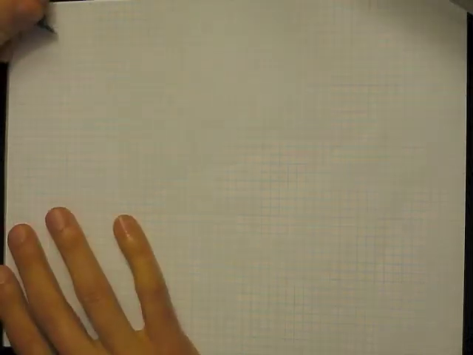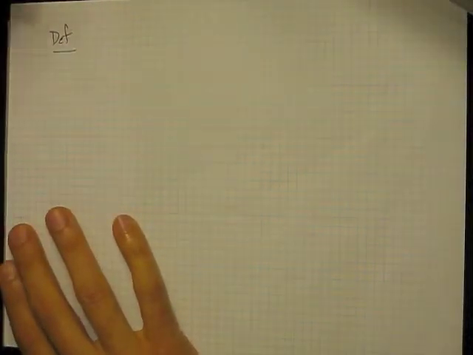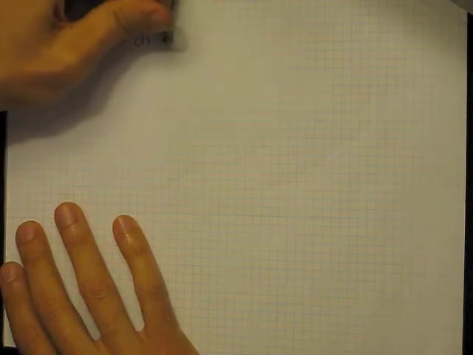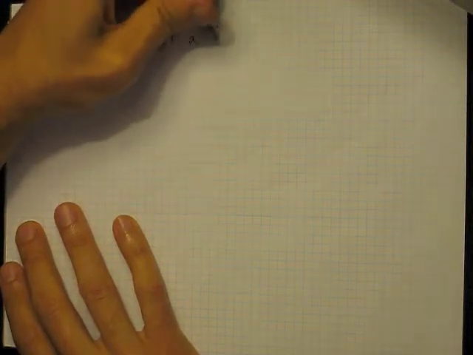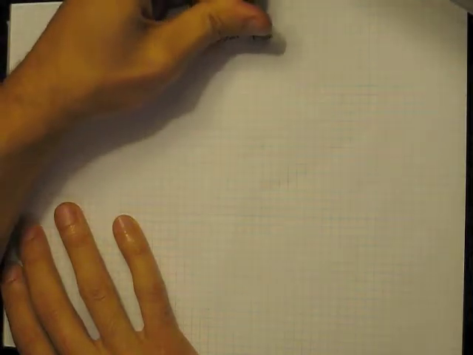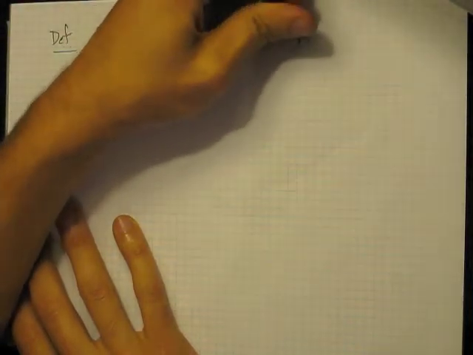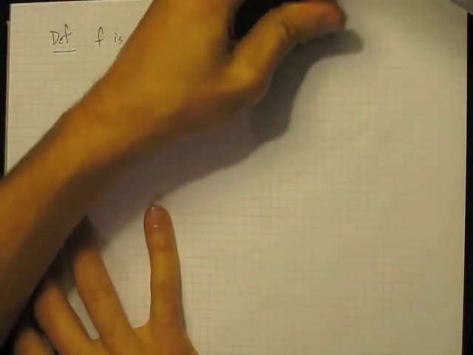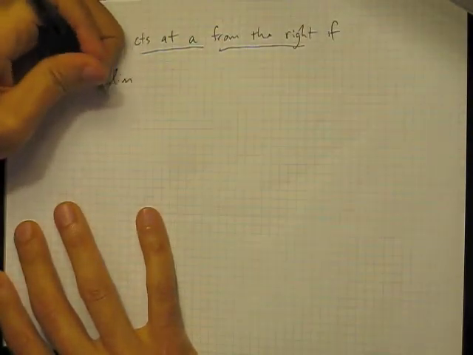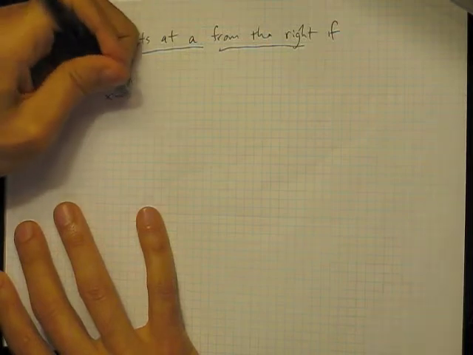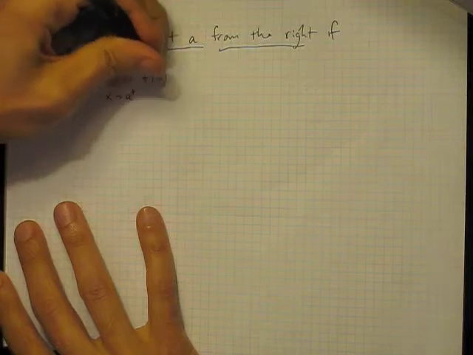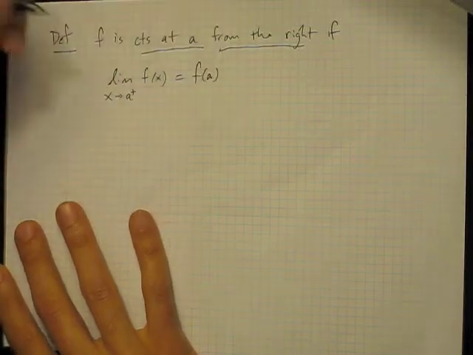Okay, let's move on to another example. Well, maybe first a definition. So we'll say f is continuous at a from the right if the limit as x goes to a from the right-hand side is equal to f of a.